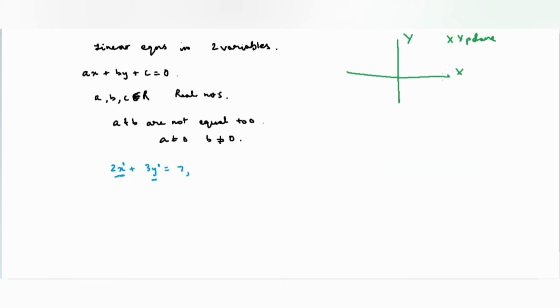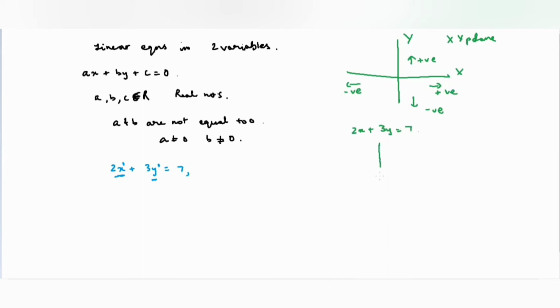This is the positive side of the x-axis, and this is the negative side of the x-axis. Similarly, this is the positive side for the y-axis, this is the negative side. So let us take this example, 2x plus 3y is equal to 7.